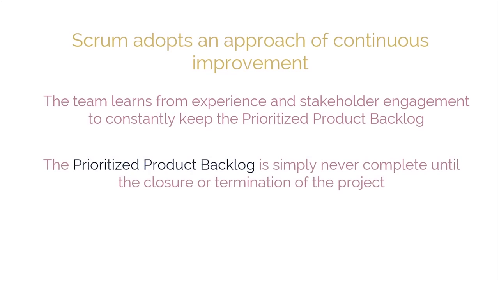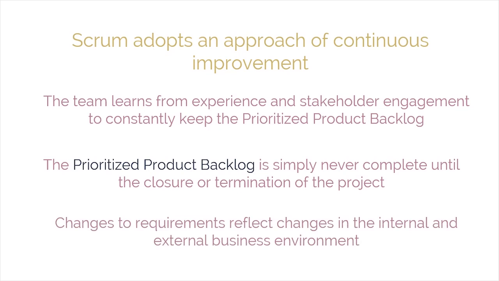The prioritized product backlog is simply never complete until the closure or termination of the project. Moreover, any changes to the requirements reflect changes in the internal and external business environment and allow the team to continually work and adapt to achieve those requirements.